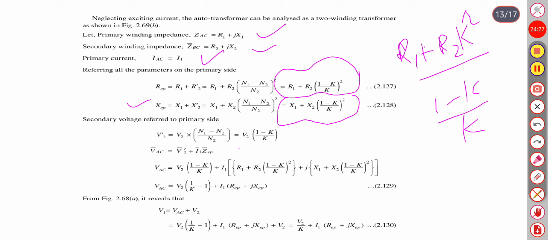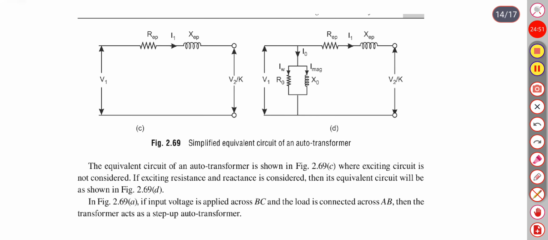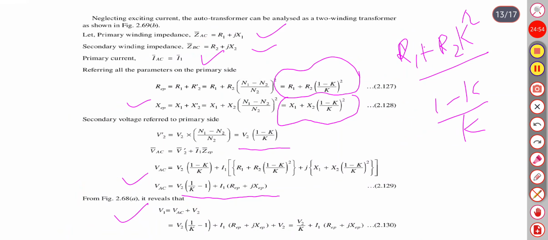V2 dash equals V2 into again that same factor, and VAC equals this, and the applied voltage V1 will be V2 upon K plus I1 R equivalent plus j X equivalent.